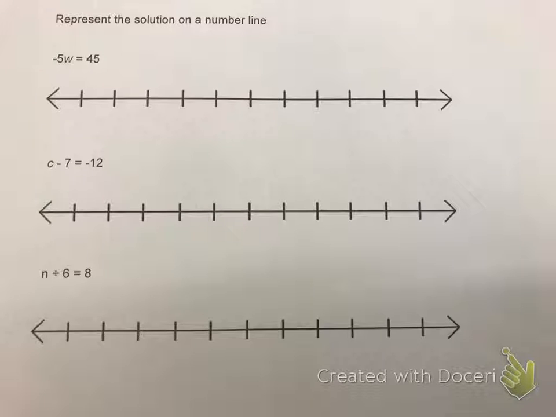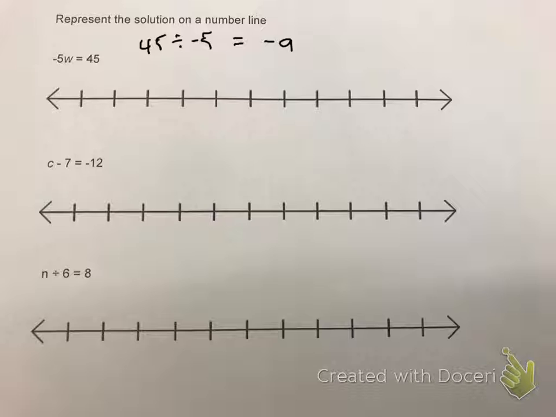Now we've got some examples of problems in which we represent the solution on a number line. So here we have negative 5 times W equals 45. So 45 divided by negative 5, that gives us negative 9. So on our number line, we've got to first label it.